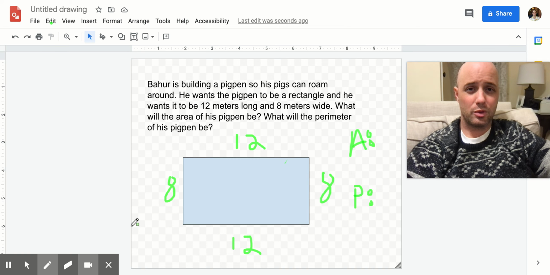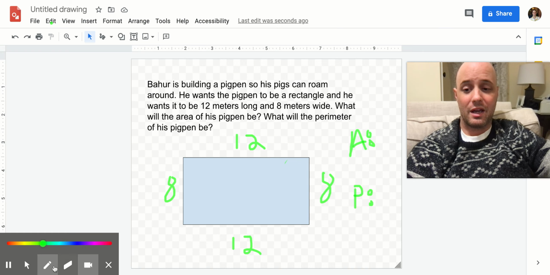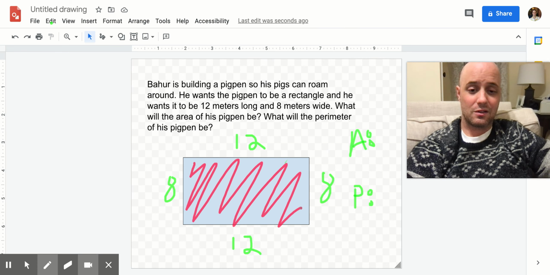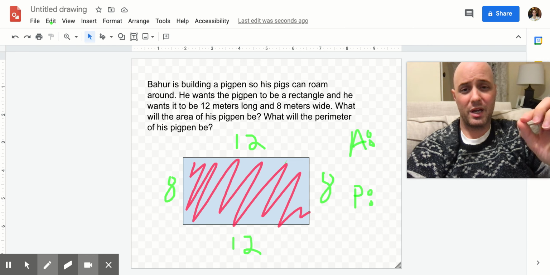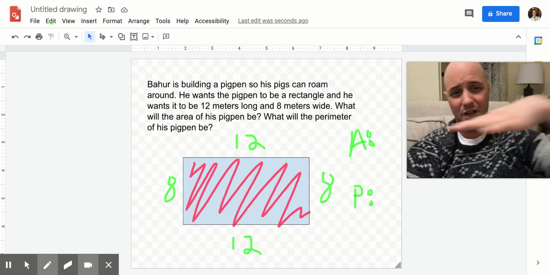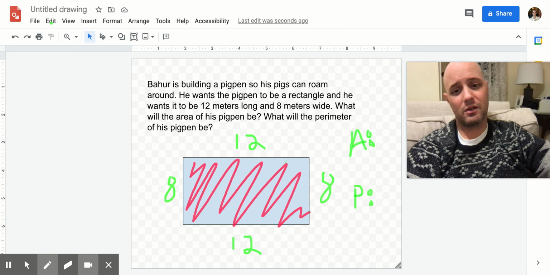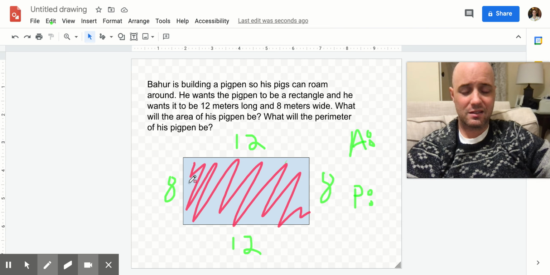So what do you think the area would be? Well, area will be how much space is covered by the pig pen. How much 2D space, how much flat space, how much ground the pig pen covers. To find that, it would just be what you have been doing.